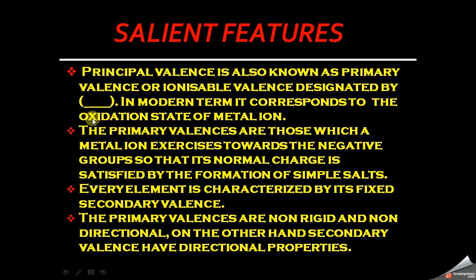Oxidation state we are already familiar with from redox reactions in 11th standard. What is oxidation state? It is the charge present on an atom or ion when there is a complete transfer of electrons from one atom or ion to another.